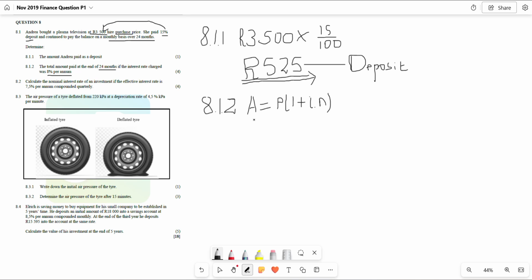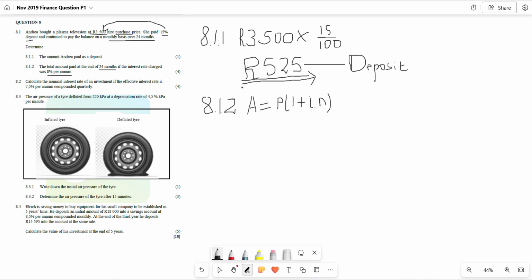But now the letters P, A, i and n change their meaning according to hire purchase, because in this case we are not dealing with borrowing and investing. When we speak of investing, P becomes the principal amount and A becomes the accumulated amount. But when we speak of hire purchase, P becomes the balance after you have paid a deposit.